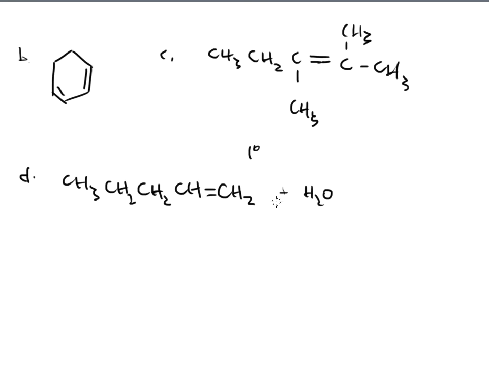When acid and water get attacked onto a double bond, we see a break of the double bond, and two sites of attachment open up here and here. Hydrogen plays with other hydrogens, so that goes there. That's called the Markovnikov addition. And then we have an OH that goes into that inner carbon because it's a more stable carbocation.